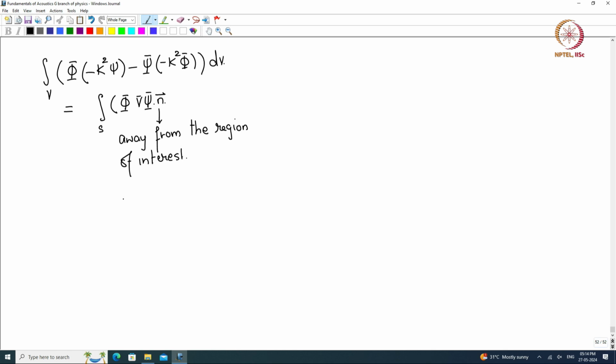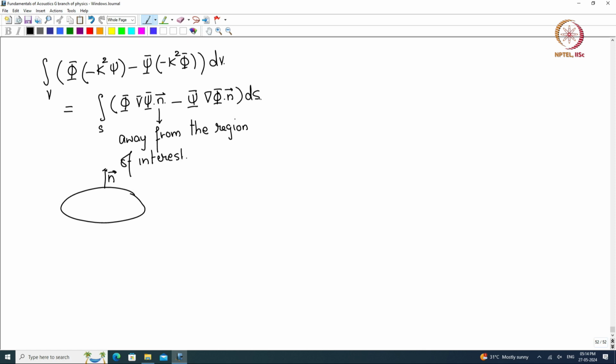So if we are interested in the interior space, n points outward. To complete this, minus psi del phi dot n dS.